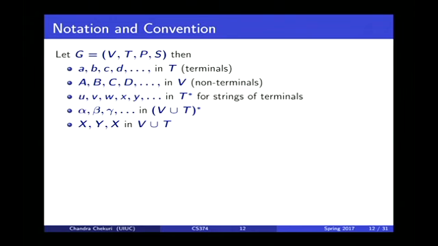But we also need to understand strings which have both terminals and non-terminals, because they come about in the middle of the derivation. A as A came about, that's a string over both the terminals and non-terminals. So we'll use alpha, beta, gamma, and so on. These are for strings in (V union T) star. That means we combine both the terminals and non-terminals. And we'll use x, y.